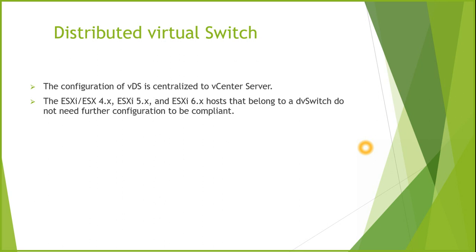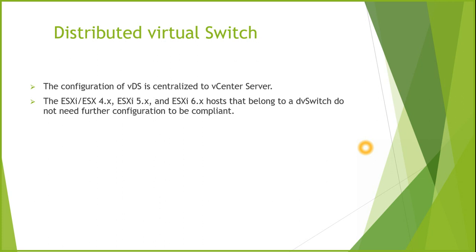And if you want to move from one distributed switch to another, these virtual distributed switches are also based on version numbers. So we have a distributed virtual switch version 5.5, and we have a distributed virtual switch version 6 or something like that. We'll see that when we go on the next demo session.